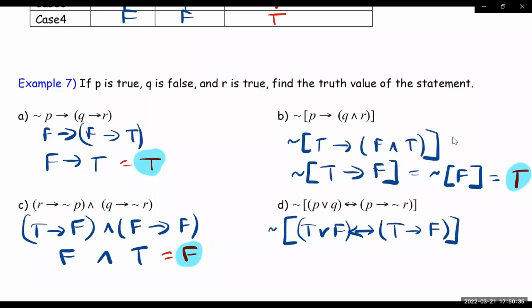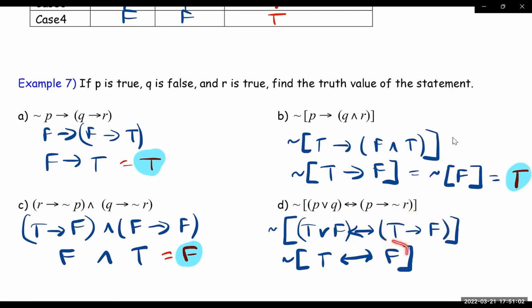All right. So now let's do these parentheses first. What do you guys think this is? True or false? True. That is true, yeah, because it's an or. Double-sided arrow. What about this part? That's false, because you're starting with the true and ending with the false. So that would be a false.